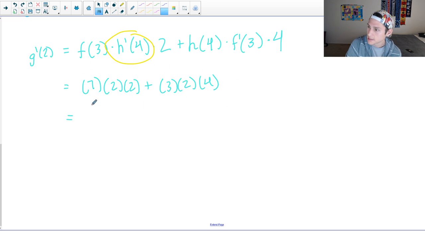This is an easy thing to calculate, but you don't need to. I'll go ahead and do it. 7 times 2, 14. 14 times 2 is 28. 3 times 2 is 6. 6 times 4 is 24. 28 plus 24, 52.